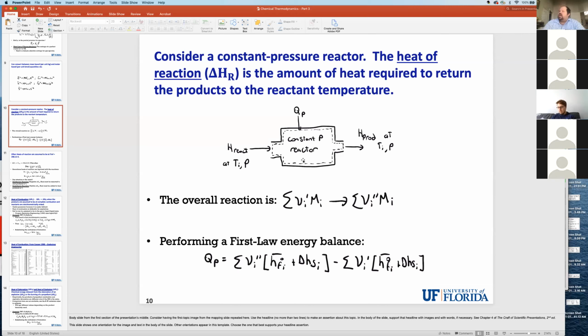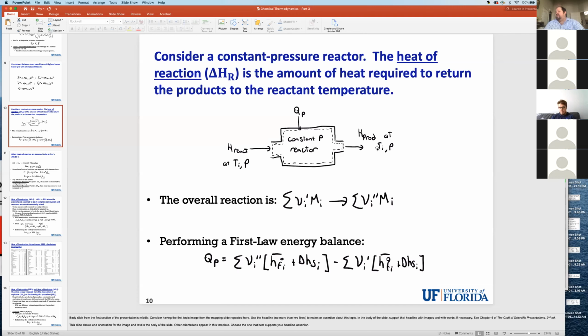Now, the heat of reaction. If we made this reactor very well insulated, you would find that intuitively, after you burn, say, methane and oxygen, the exit temperature would be extremely high.